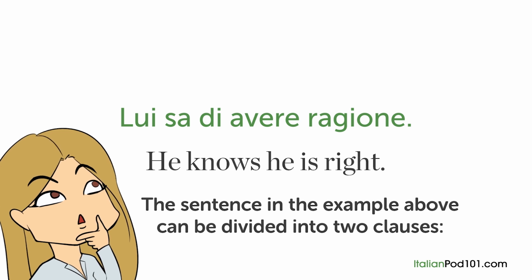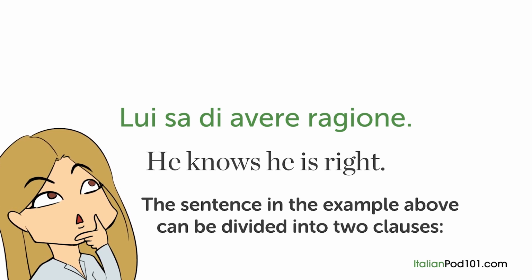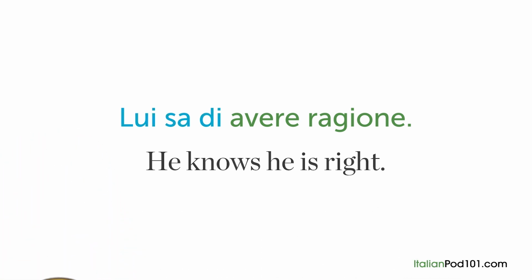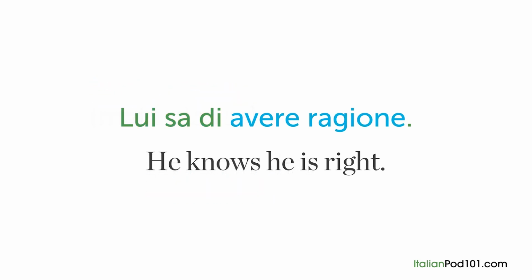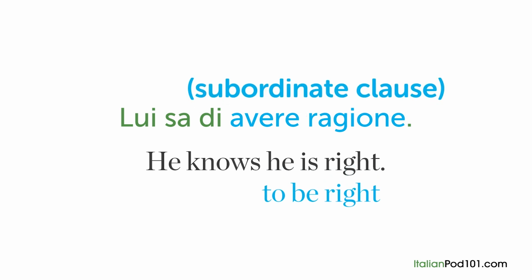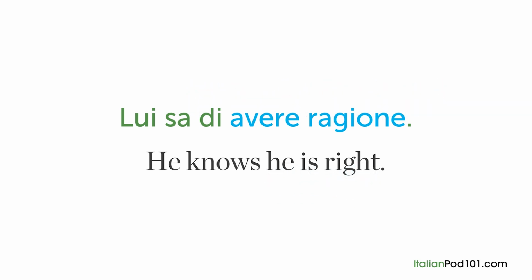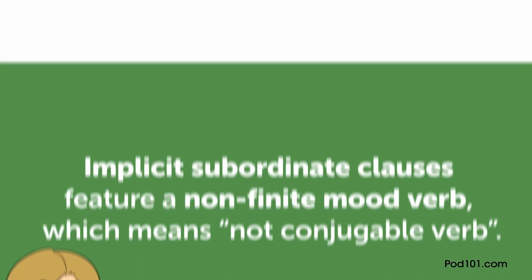The sentence in the example above can be divided into two clauses. Lui sa di, meaning he knows that, is the main clause. Avere ragione, literally to be right, is the subordinate clause. In English, it's translated as he is right. This is a special kind of subordinate clause called implicit.